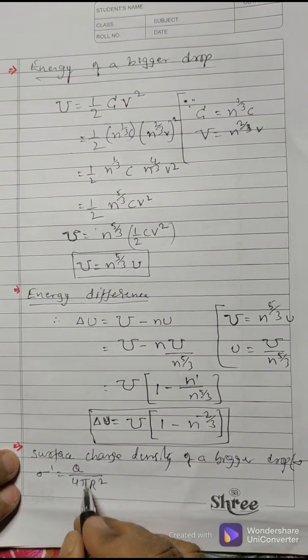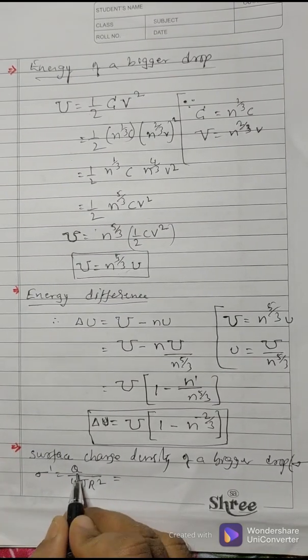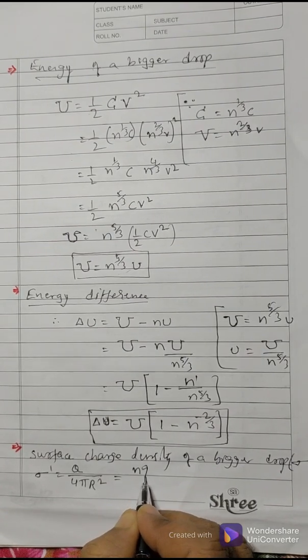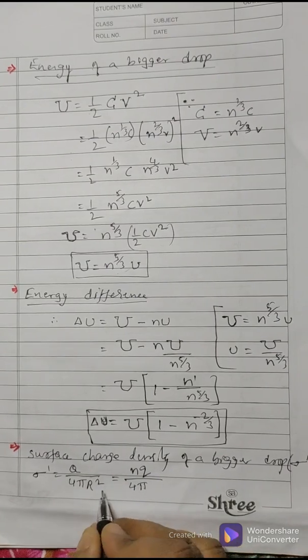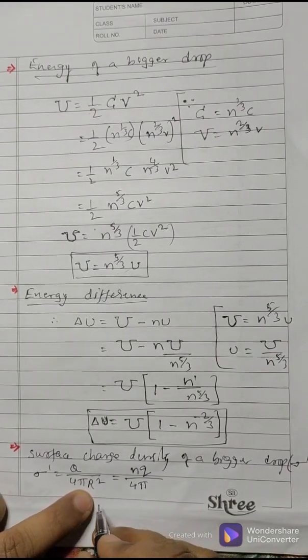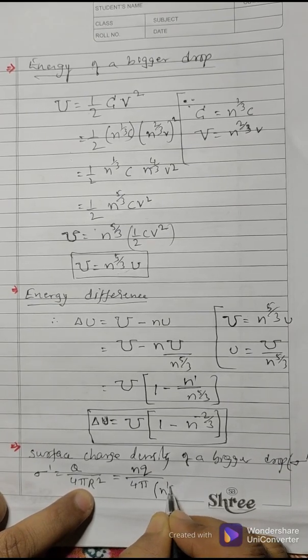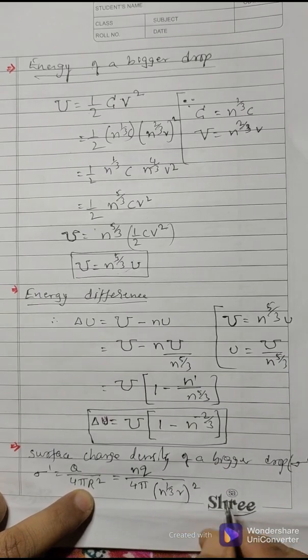This charge by area is called the surface charge density of a bigger drop. Here capital Q, in terms of small q, we can write n into small q. Therefore 4 pi, where capital R, in terms of small r, we can write n power 1 by 3 into small r, whole square.